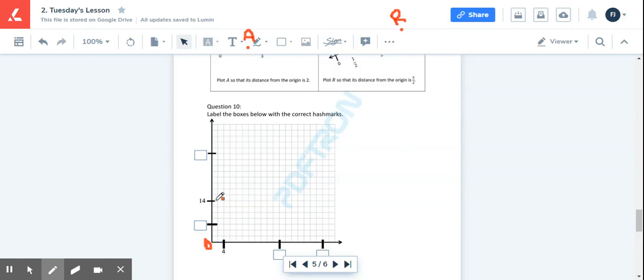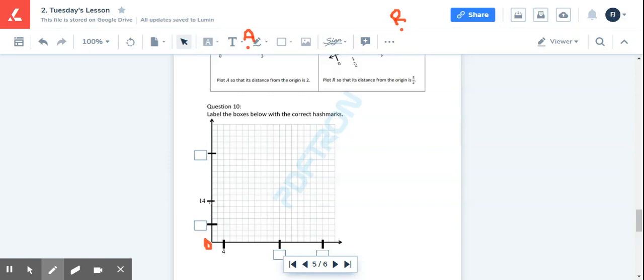Nope, I'm at 14, so we're definitely not counting by ones. Let's try twos. 2, 4, 6, 8, 10, 12, 14. Awesome, so this tells me that we're counting by 2.